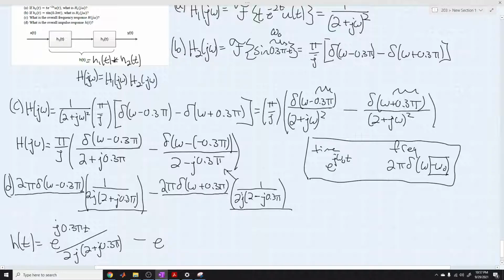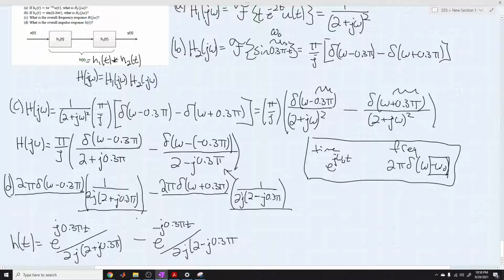So omega naught has that negative sign in front of it, and we need to treat this as a minus negative 0.3. So we get e to the minus j 0.3 pi t, and that's all over 2j times 2 minus j 0.3 pi.